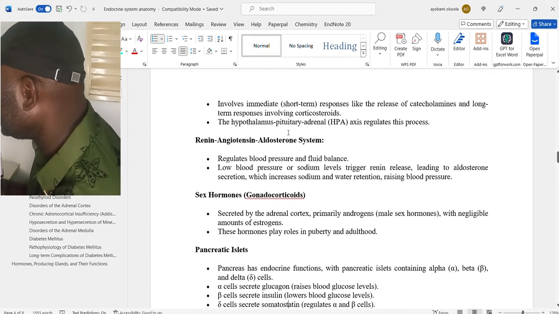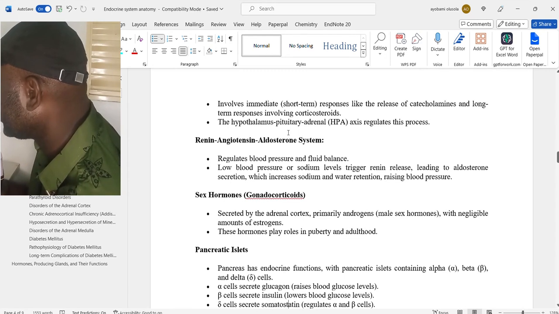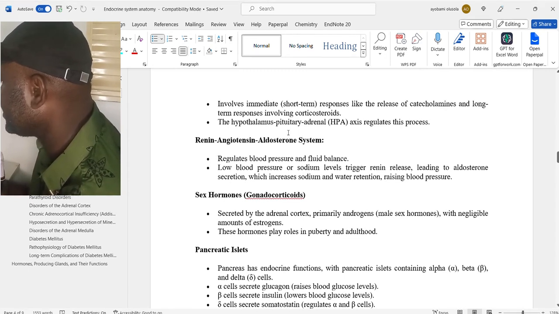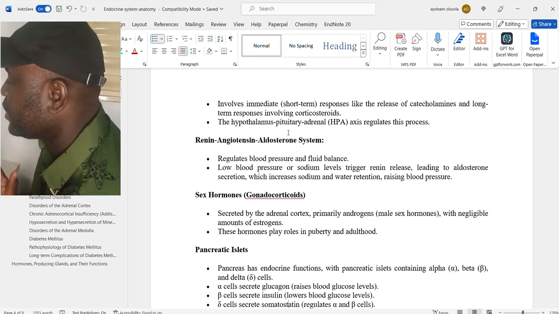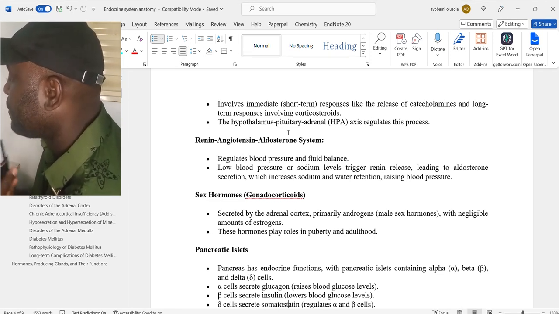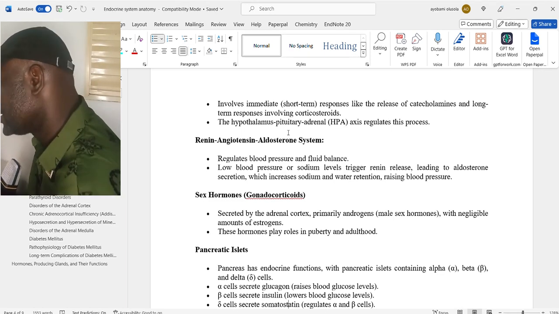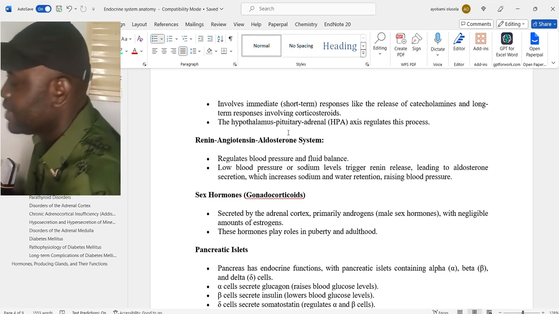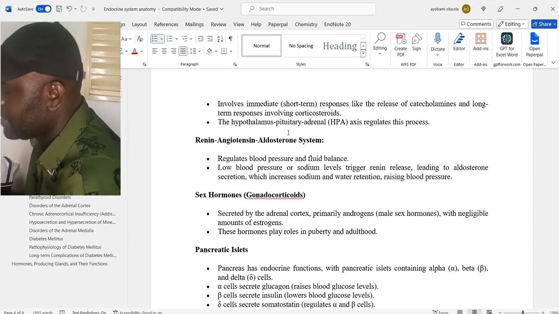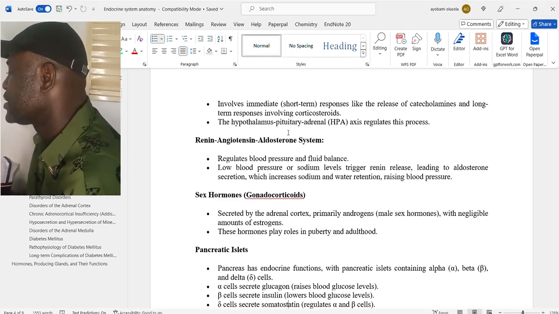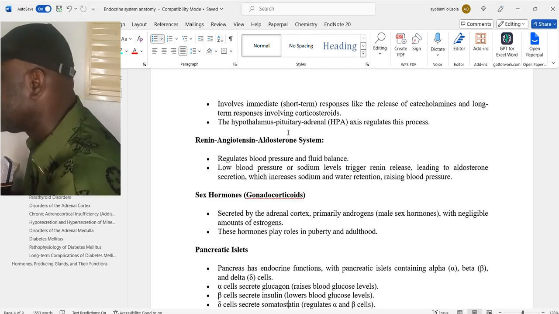Let's talk about the renin angiotensin aldosterone system. This system regulates blood pressure and fluid balance. This is how the system works. If there's low blood pressure or low sodium levels, these conditions trigger renin release.